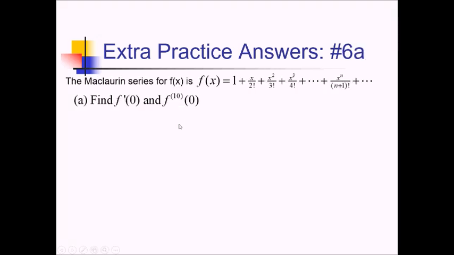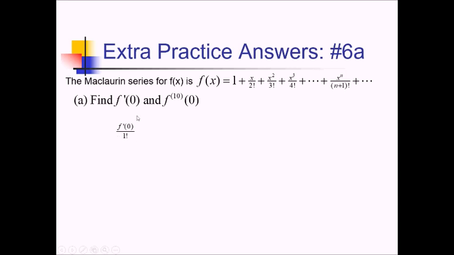For this free response problem, we have a Maclaurin series given as 1 plus x over 2 factorial and a whole bunch of other stuff for f of x. Our first task is to find f prime of 0 and the 10th derivative of 0 based off of this. So in general, the coefficient for x in a Maclaurin series is going to be f prime of 0 over 1 factorial.